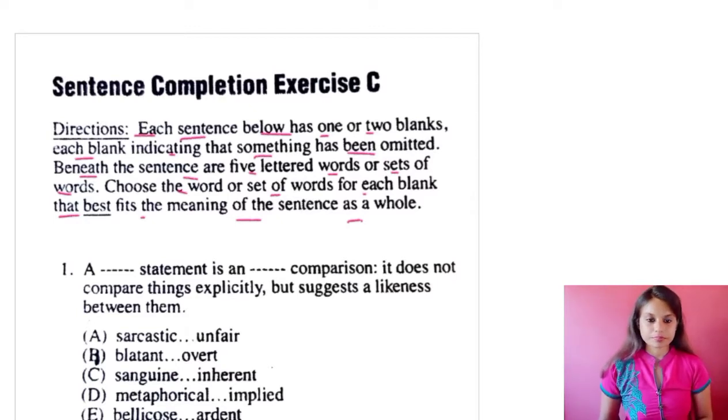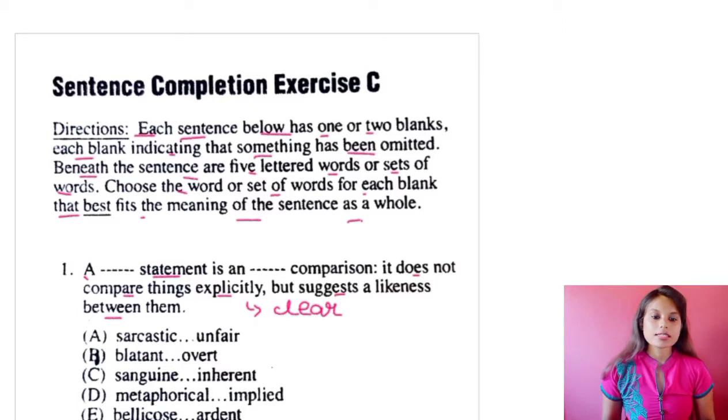So first we are going to see the sentence: a dash statement is an dash comparison. It does not compare things explicitly but suggests a likeliness between them. First of all, explicitly means in a clear and detailed manner. I'm writing it down, clear manner.